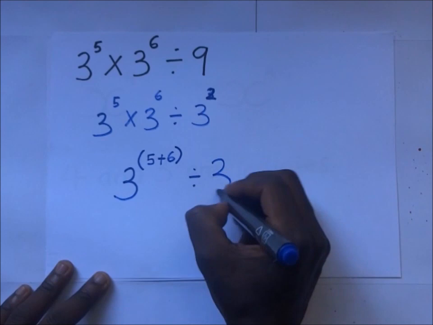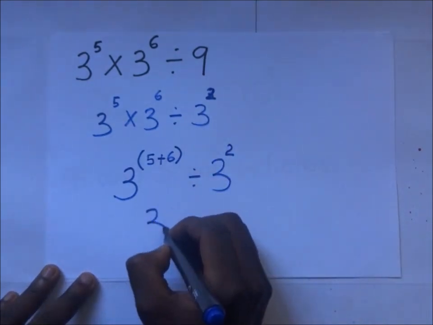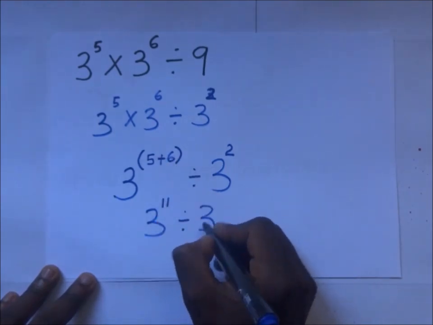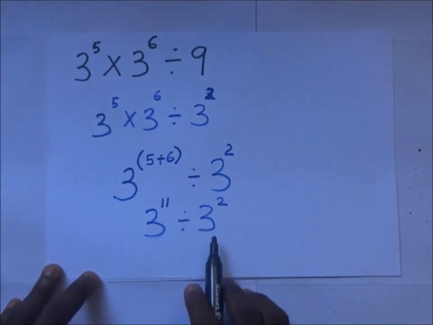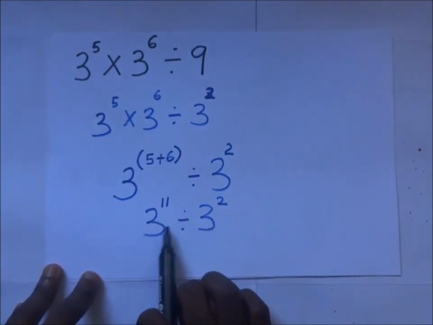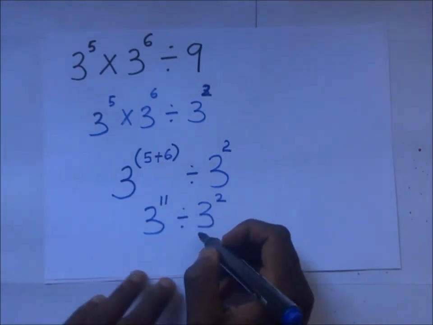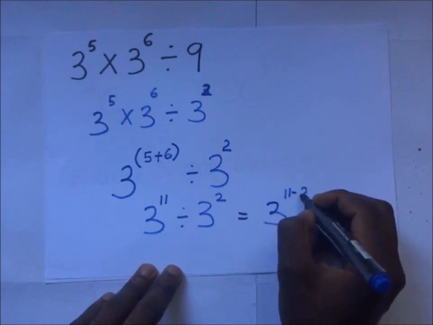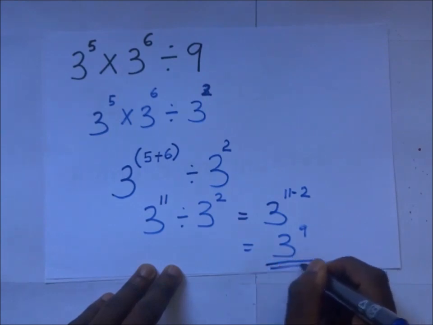Divide that by 3 to the power 2. So this becomes 3 to the power 11 divided by 3 to the power 2. Now with division, when the bases are the same and it's division of these indices, we subtract the powers. So definitely here it's going to be equal to 3 to the power 11 minus 2, and this is going to become 3 to the power 9.